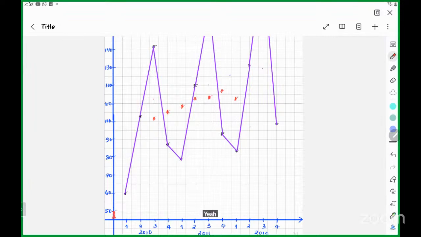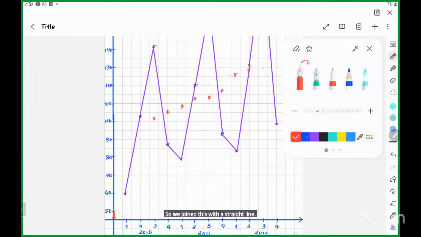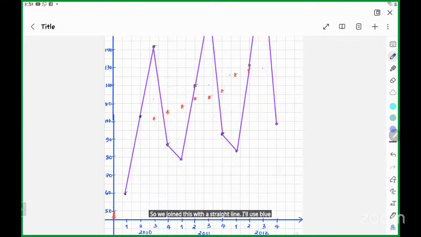Yeah, 1 to 2, you said. Oh, it's all the way. 1 to 2 should be somewhere here. Okay, and then in Feb, 1 to 7 around here. So we join these with a straight line. I'll use blue.